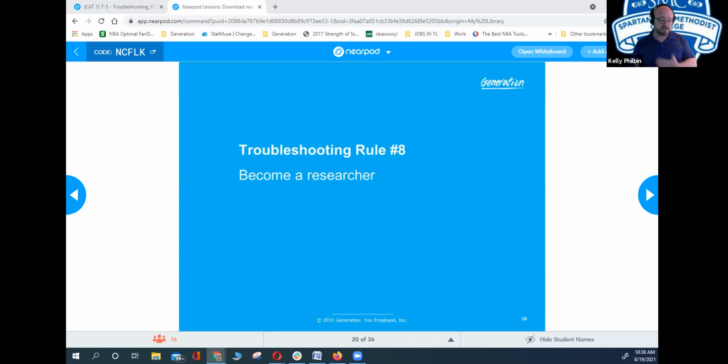Do you have an idea as to how I should approach this? They may have the solution right off the top of their head, or they may have an idea as to where you would need to look. Then and only then, if you have exhausted all those resources, would you go to a supervisor and ask them for help. You need to be a researcher. You need to try to solve these problems on your own and be, to a degree, self-sufficient, but also utilize the team environment where you can.